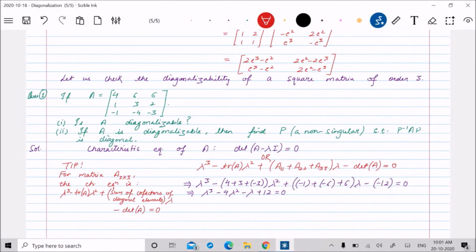So this is the characteristic equation of a 3 cross 3 matrix, right? This is the shortcut formula I used here.